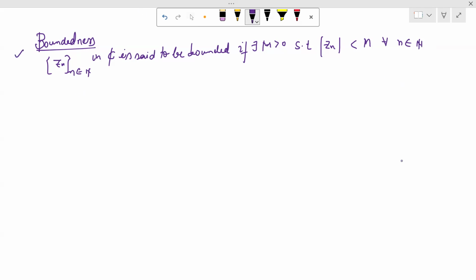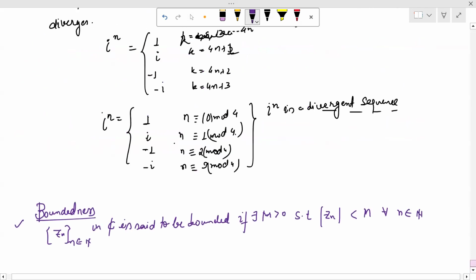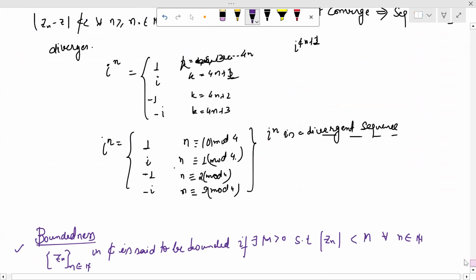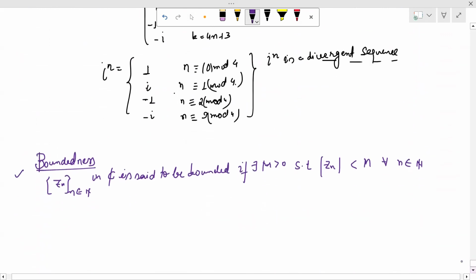Now, a little bit more about limits only. We have seen that if a limit exists, then the sequence is said to be convergent. If the limit doesn't exist, the sequence is said to be divergent.